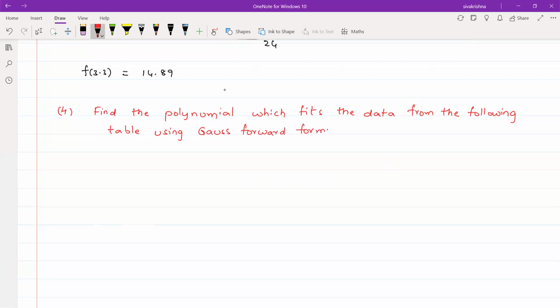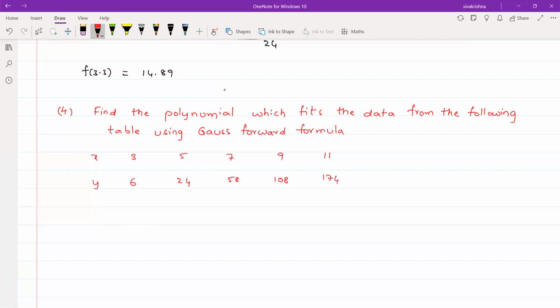Okay. So coming to the table, we are having x and y. X values are 3, 5, 7, 9 and 11. Corresponding y values are 6, 24, 58, 108 and 174.